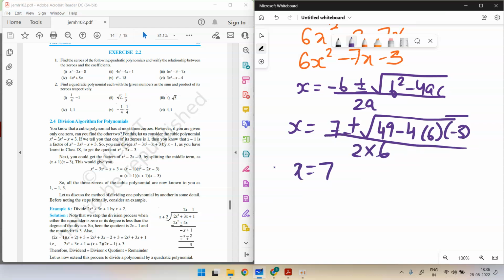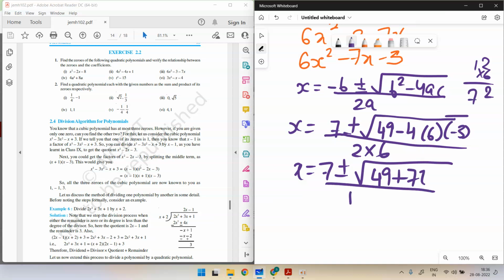So x equals 7 plus or minus under root 49 plus 12 into 6, 72, so 121, by 12.